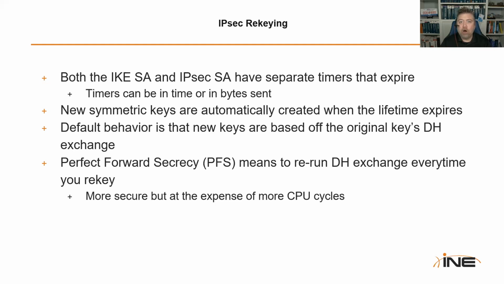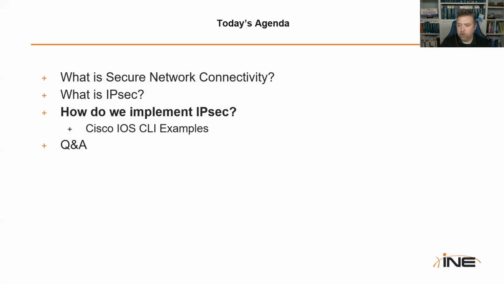So depending on how many tunnels you're terminating on an individual box, if you're talking in the order of thousands, then you might have a problem running perfect forward secrecy where your CPU becomes too high when you're rekeying multiple tunnels at the same time. But otherwise, if we have just one tunnel point to point, we should be able to run perfect forward secrecy without running into any problems on the CPU.